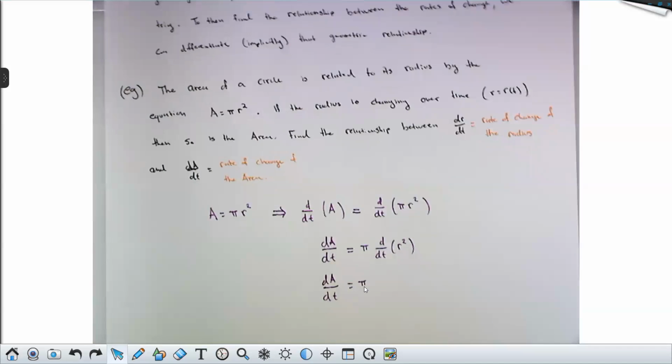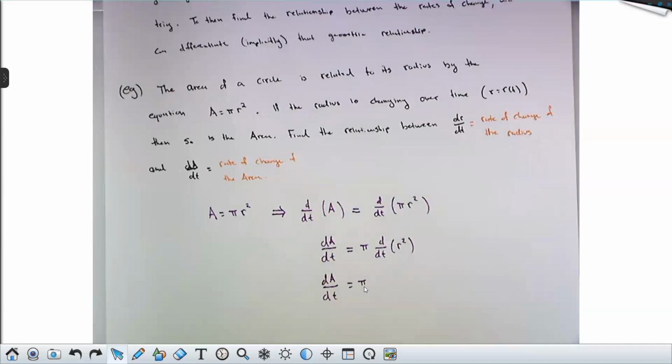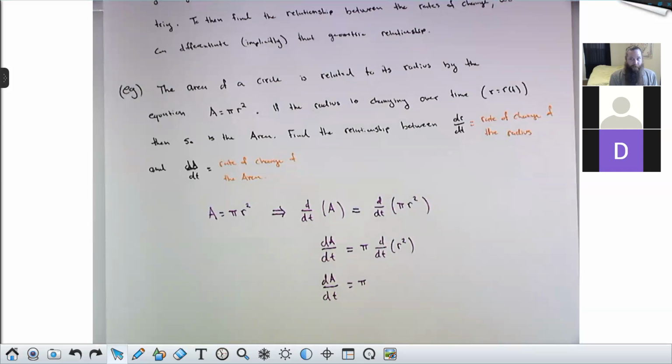Now my only comment here would be to Sarah, I'm not going to use the prime notation here. I love the prime notation, don't get me wrong. I think it's nicer, it involves less writing. But because there are a total of 3 variables here, if I use the prime notation, it's unclear which variable I'm differentiating with respect to.